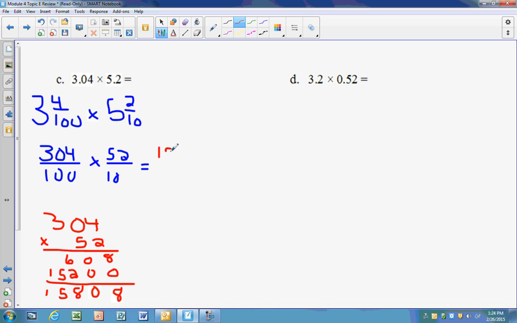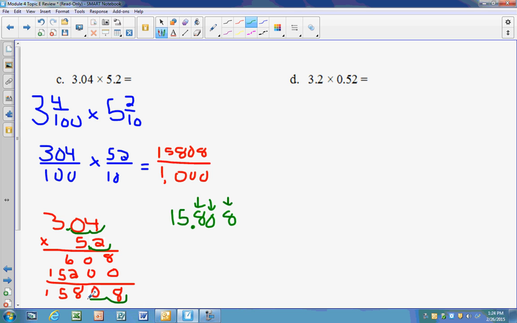And we end up with 15,808 thousandths. So we have more than one way that we can do this. What we can do is we can take the number right here, just write it out. And I know that thousandths has to end where we are, so this would be thousandths, hundredths, tenths, so the decimal has to go right here. Or I can put the decimals into the work that I did right here, and I can count 1, 2, 3 jumps, so 1, 2, 3 jumps.